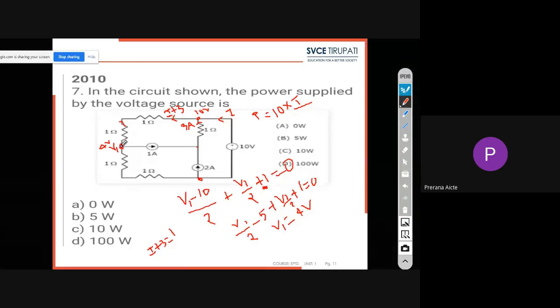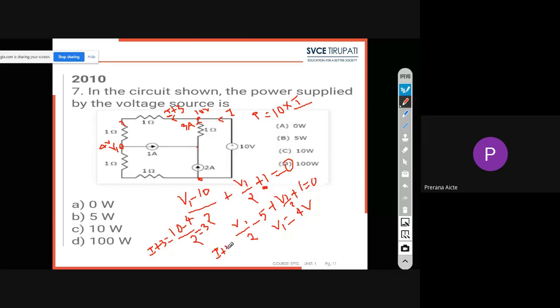The branch current is nothing but 10 minus 4 by 2, which is equal to I plus 3. Is there any doubt? No. In general, (10 minus VA minus VB) by 2 equals I plus 3. So what is this value? 3. So I plus 3 equals 3.